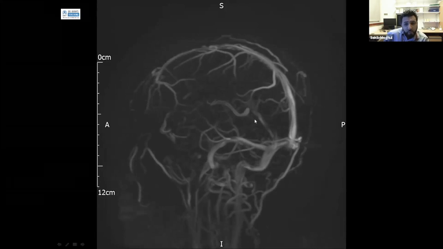The basal veins would normally have this kind of orientation. They're not that easily seen on this view, but that doesn't matter. It just means that it may not have been the greatest quality MRV. It goes into a straight sinus posteriorly and forms this confluence, and then you can see that it has that sigmoid shape straight into the jugular.